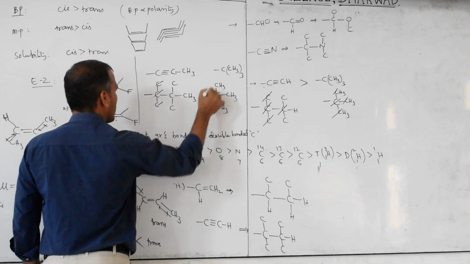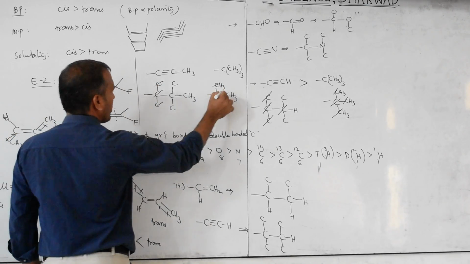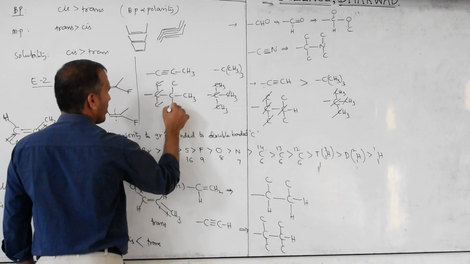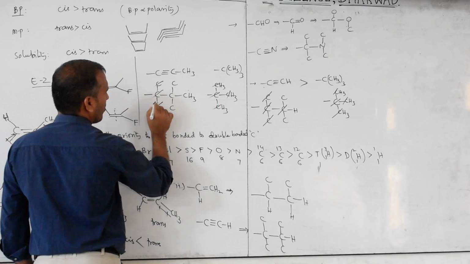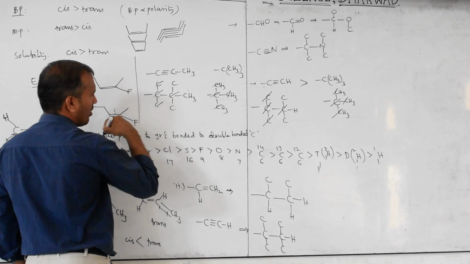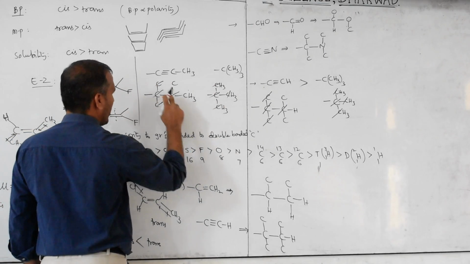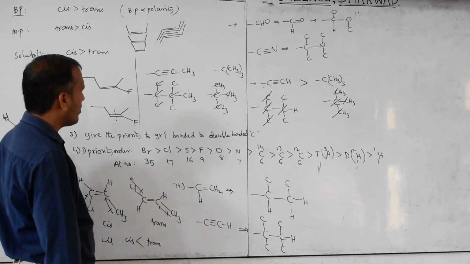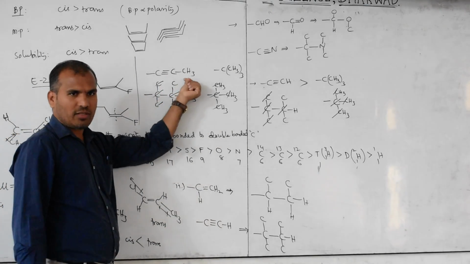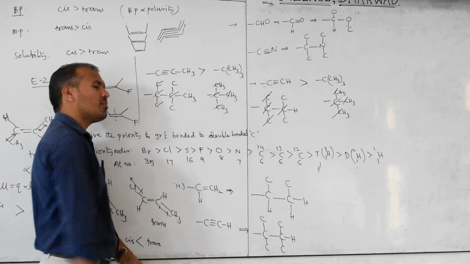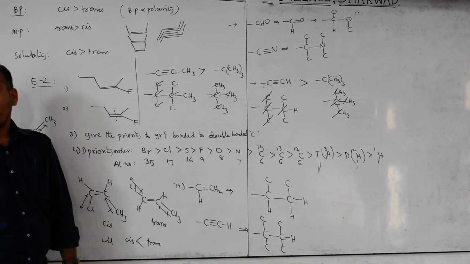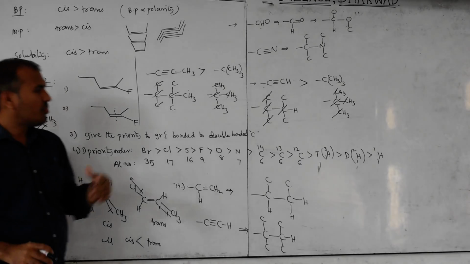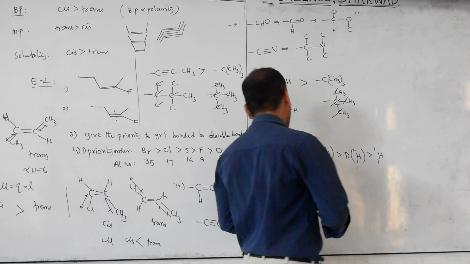Then here what is there? Carbon. Here what is there? Carbon. Correct? One line is carbon. So anyway, this is only the first pair. So based on that, we will discuss one example.